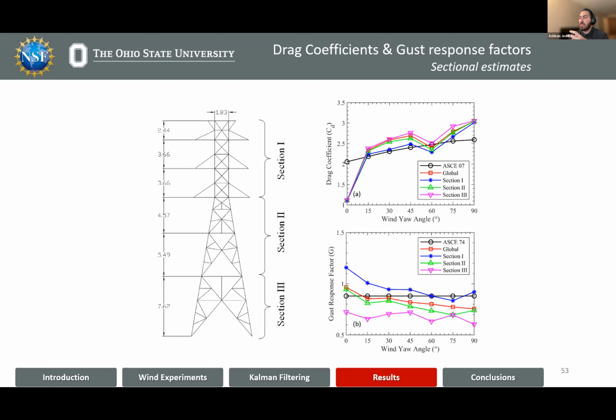The difference between these sectional estimates and the global estimate can be observed in the figures on this slide. And we can see that the sectional estimates result in a more accurate estimation of the wind load since they capture local geometric changes in the tower better than their global estimates.